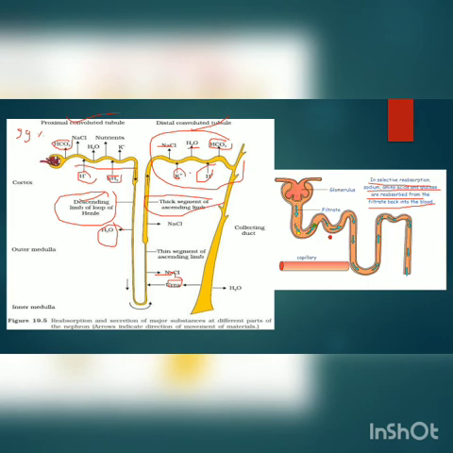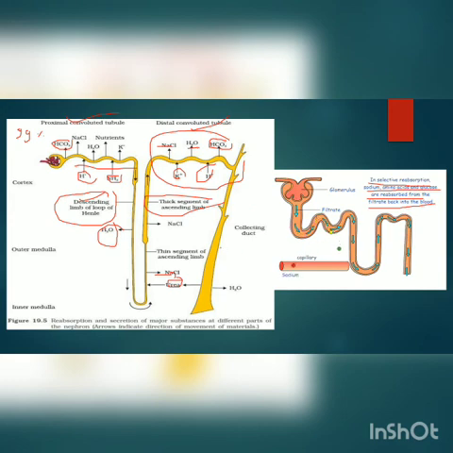And ammonia also, to maintain the pH and sodium potassium balance in the blood. So in order to maintain the pH of the blood and the concentration of sodium and potassium ions, this secretion of hydrogen and potassium ions also takes place in the DCT.